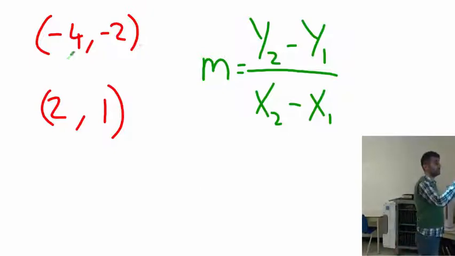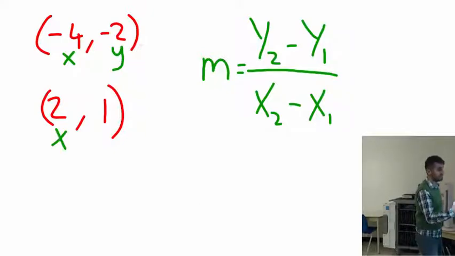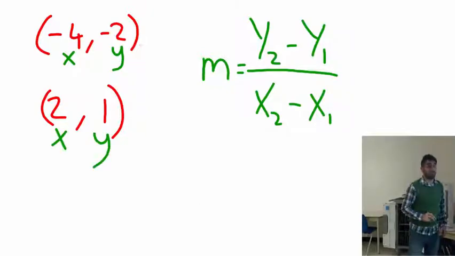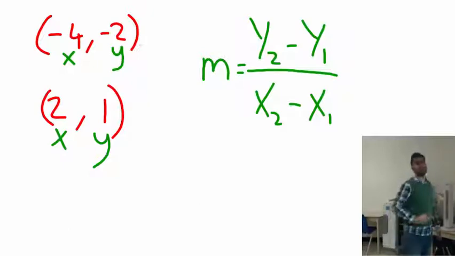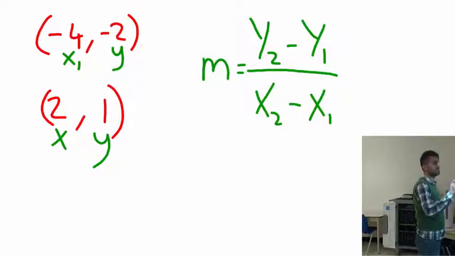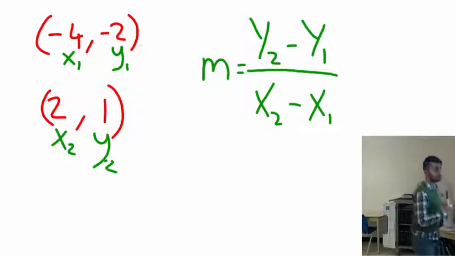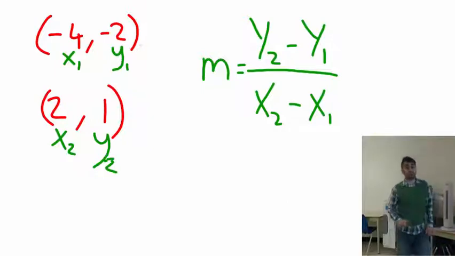Remember, the first one is x, and then you have y. Which one is 1? Which one is 2? It doesn't matter which one you pick. I'm going to pick the top as the first one. You can pick the lower one as the first one. It doesn't matter, you won't make a mistake. So this is number 1, and that is number 2. Once you label, it just becomes easier.